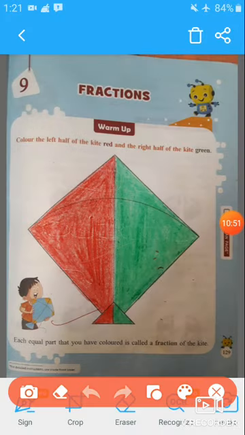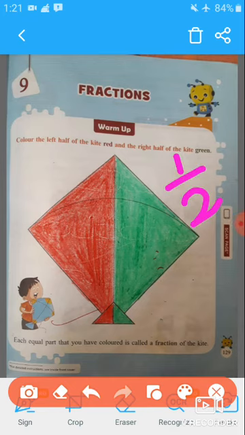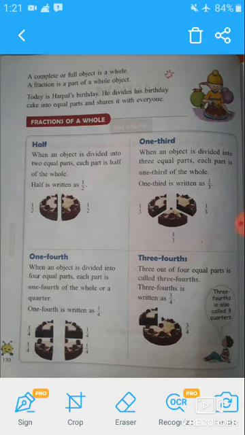So students, in this way, fraction for this kite is 1/2. So you understood the concept of fractions?